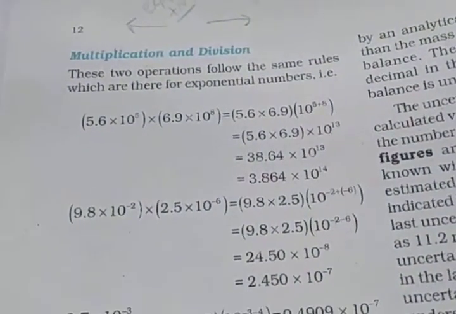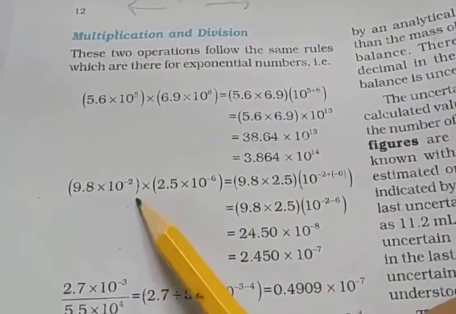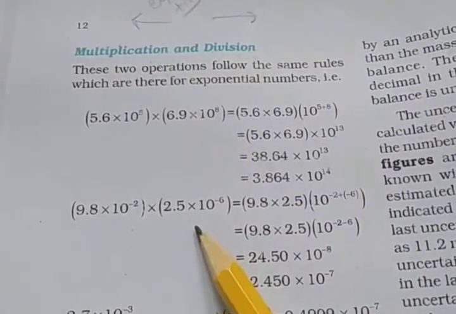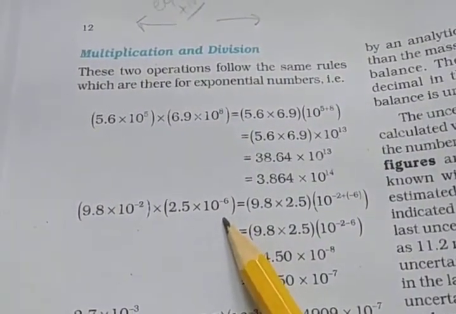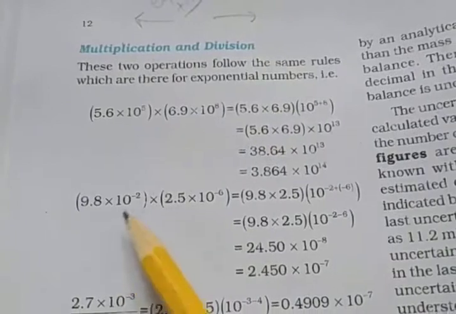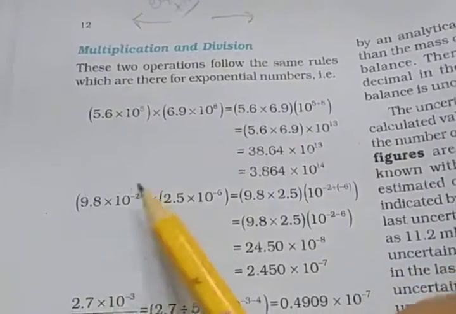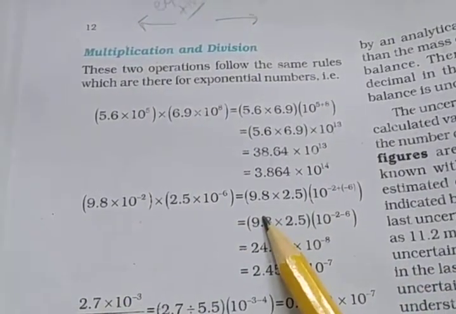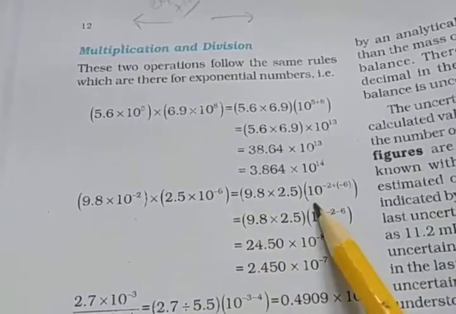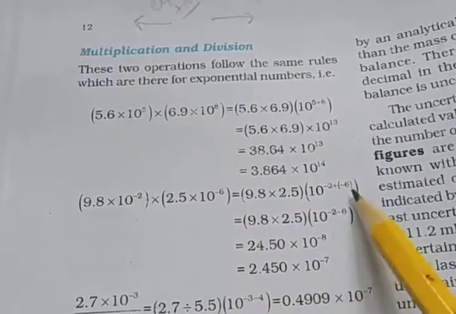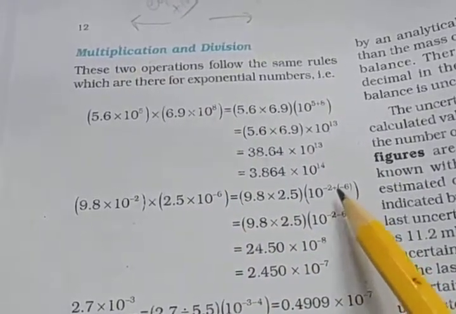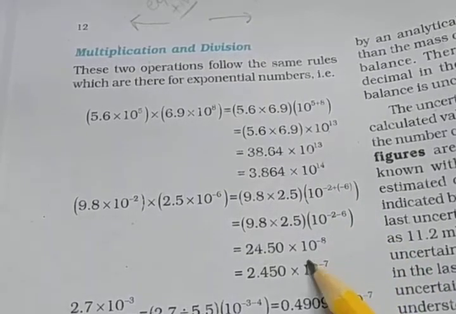Next is 9.8 into 10 raised to power minus 2, multiplied by 2.5 into 10 raised to power minus 6. First we select the decimal values 9.8 and 2.5 in brackets, and then 10 raised to power minus 2 and minus 6, and add the powers: minus 2 minus 6 is minus 8, so 10 raised to power minus 8.